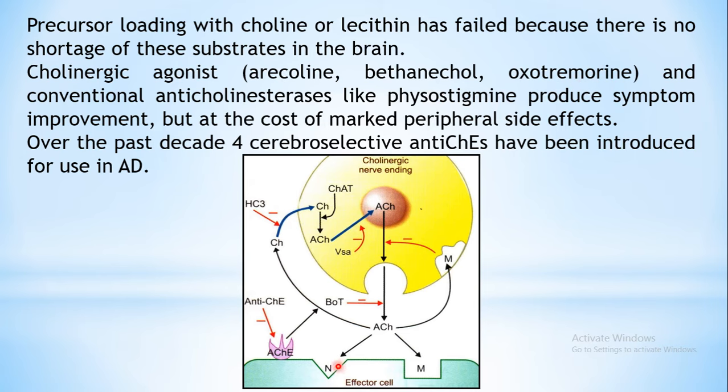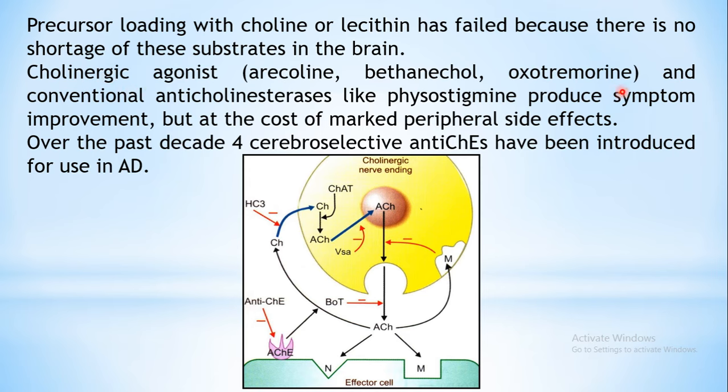These drugs, just like ACH, can go and bind to the cholinergic receptors, nicotinic and muscarinic, and stimulate them in a similar way to acetylcholine. So these were also tried, but they were not found to be very effective.